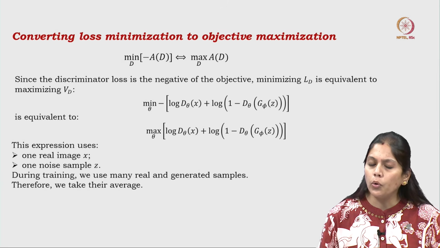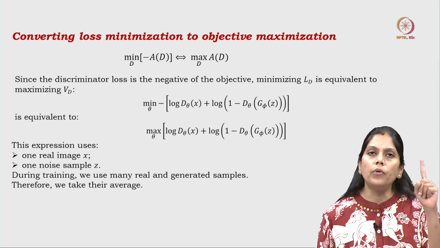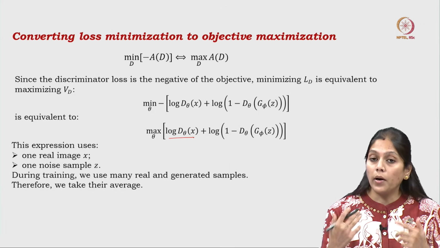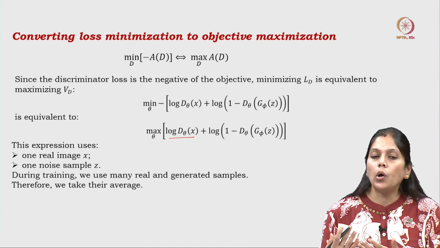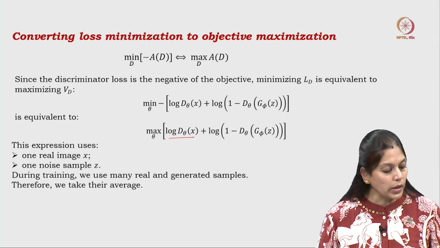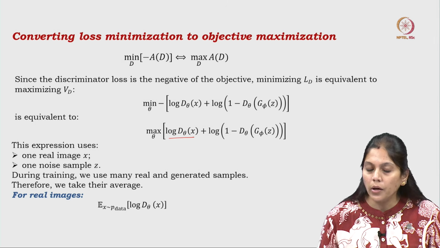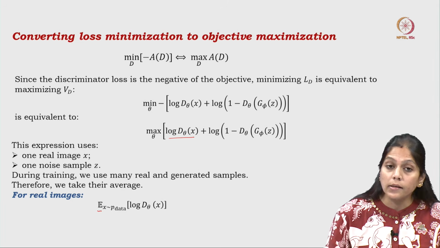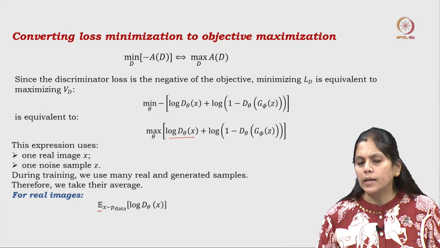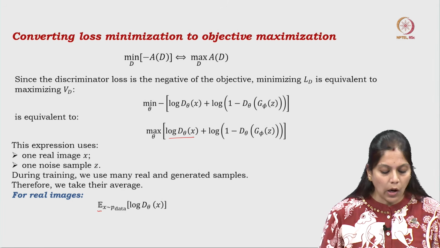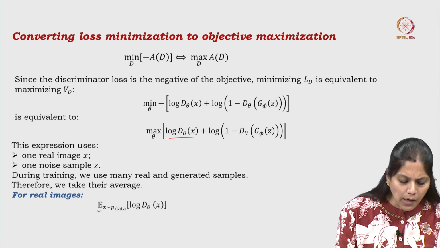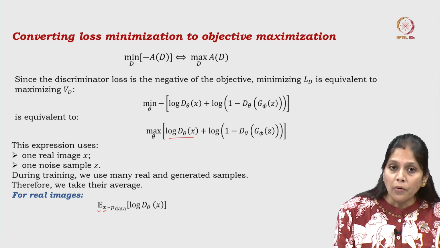How will you do that? Is it not that for every sample you have to calculate this, and for many samples overall you have to take an average? So is this not what we are doing? For a real sample, we are now writing this term as an expectation. What exactly is the expectation here? What is this whole term meaning? We are taking many such x from where?